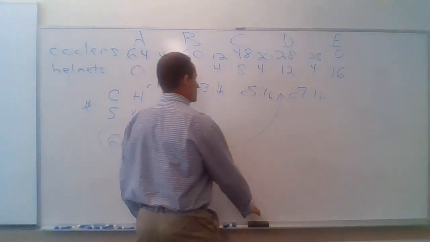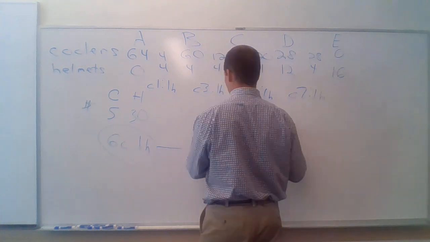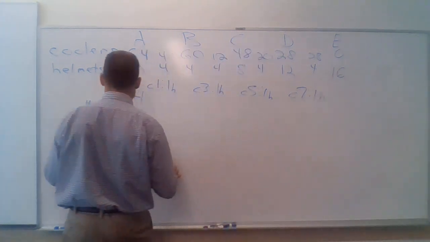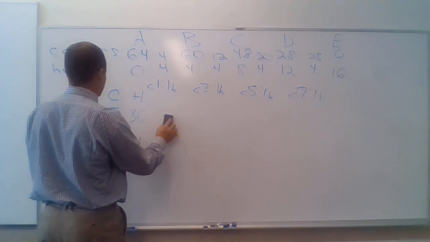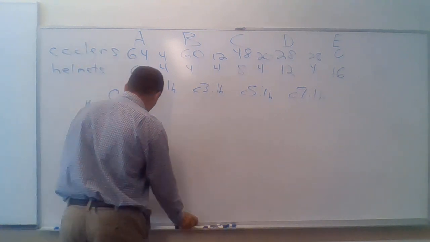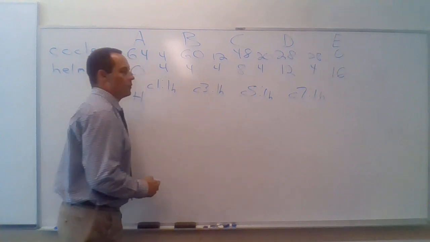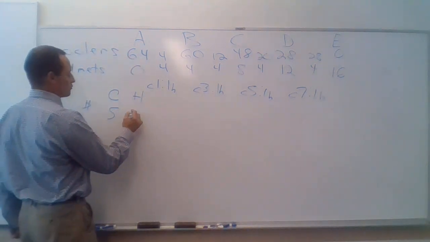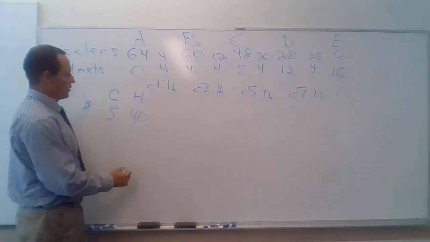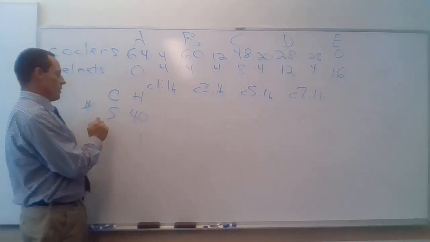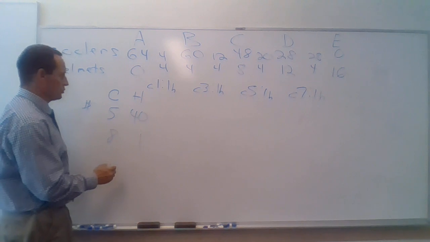For our final example, let's say helmets selling for $40. With $40, I can afford one $40 helmet or 8 $5 coolers.